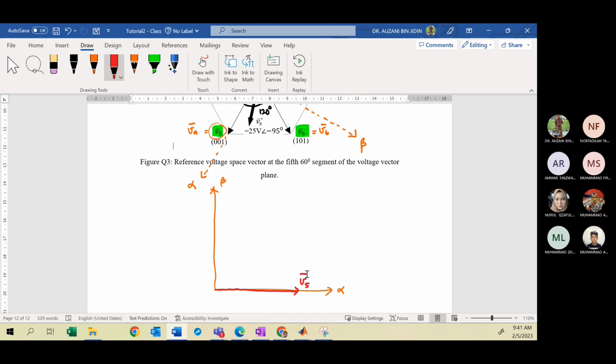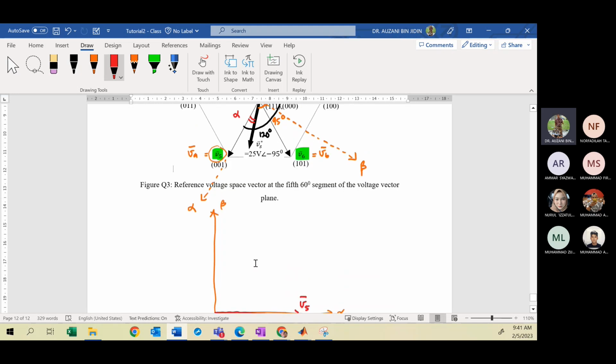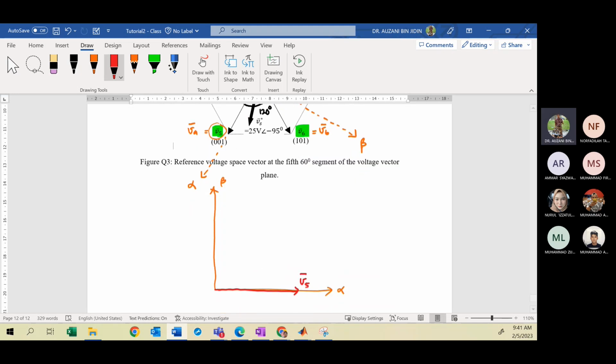Then your V6, the second adjacent vector. The different angle between V5 and V6 must be 60 degrees. So this is your V6. This angle difference is 60 degrees.